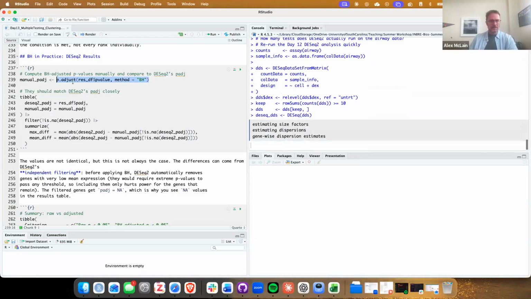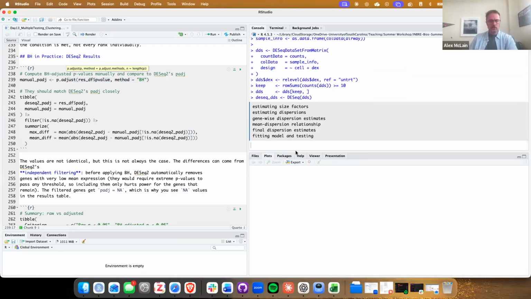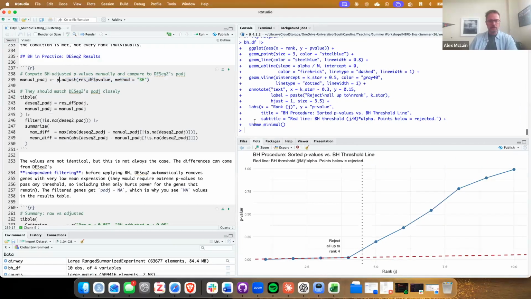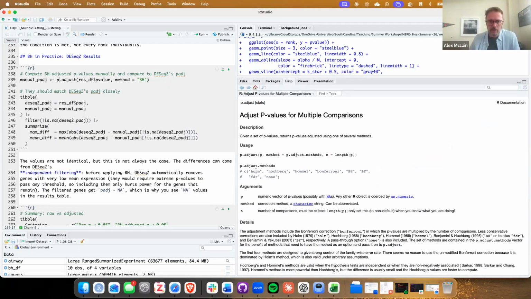The BH method is not the only approach that we can use. There are some others. If we look at question mark p.adjust, you can see some of the other methods that are here: Holm, Hochberg, Hommel, and Bonferroni. These are all methods that control the family-wise error rate.